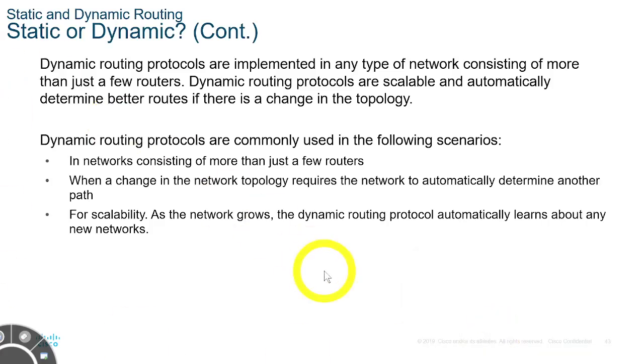So dynamic routing protocols are used if a network consists of a large number of routers and not just a few routers, when a change in the topology requires the network to automatically determine another path.